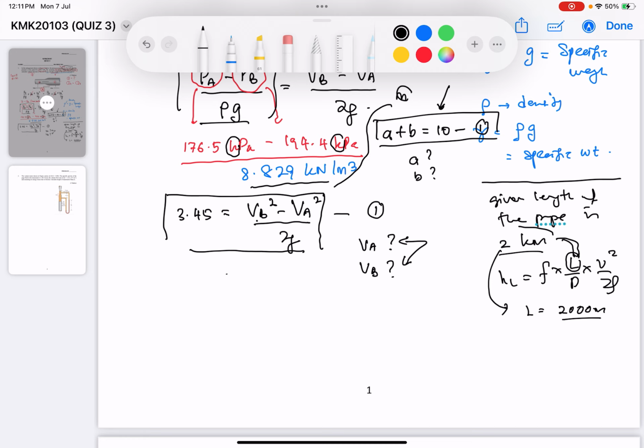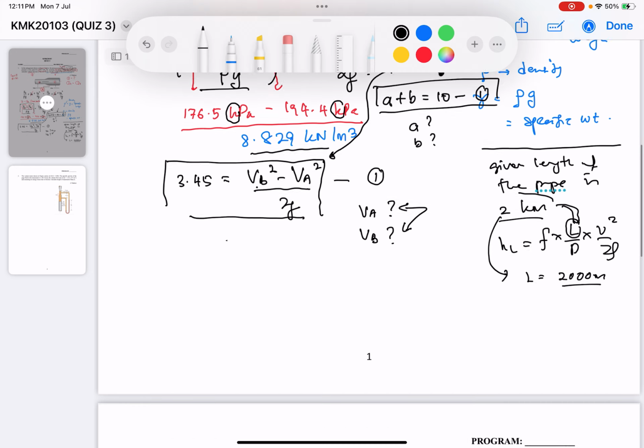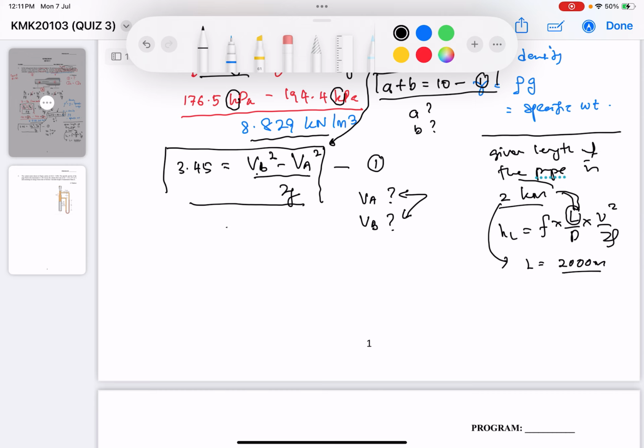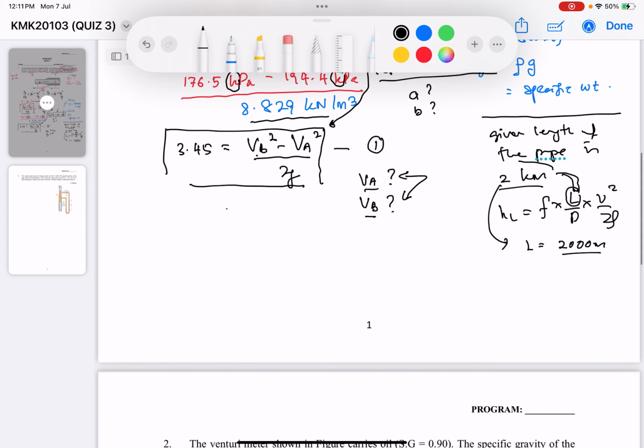The same principle applies here, because here I have two unknowns, VA and also VB, but I only have one equation. Therefore I cannot really solve this one. I did notice that some of you are doing something like this: 3.45 multiplied by 2 multiplied by G, and then VB power of 2 minus VA power of 2 equals this value.